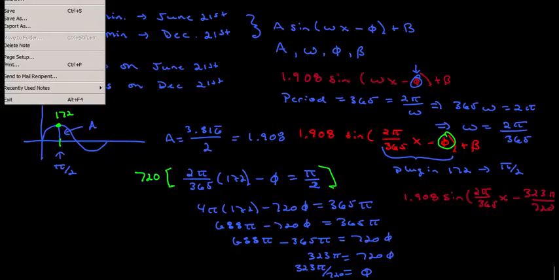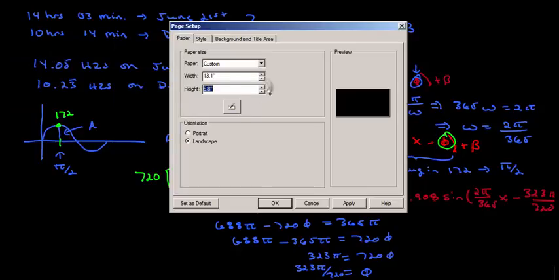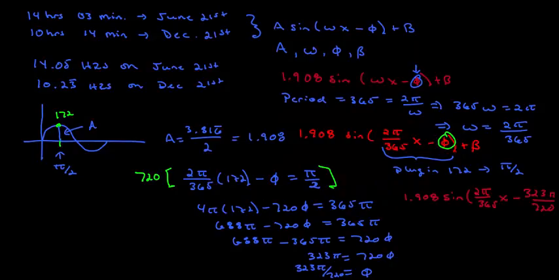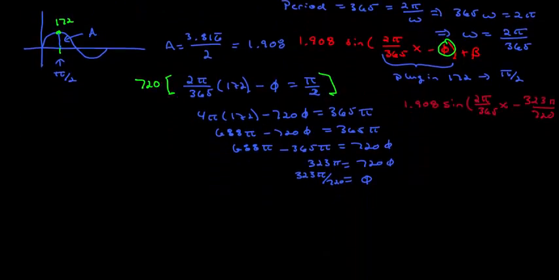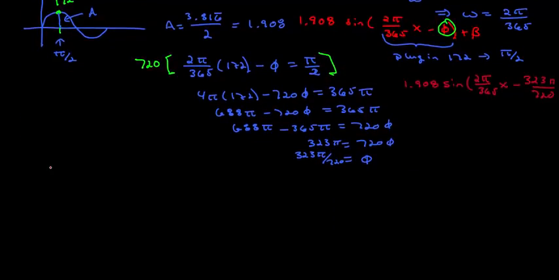I'm also going to switch my page setup here real quick so I get more space on the bottom, so we can scroll down a little bit. Let me rewrite that. I've got 1.908 times the sine of 2 pi over 365 x minus 323 pi over 720 plus b.